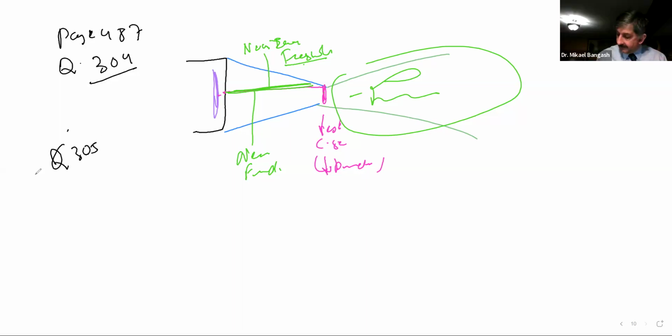Question number 305. The area that starts from the beam's smallest diameter and extends deeper is, so again, we have a beam.